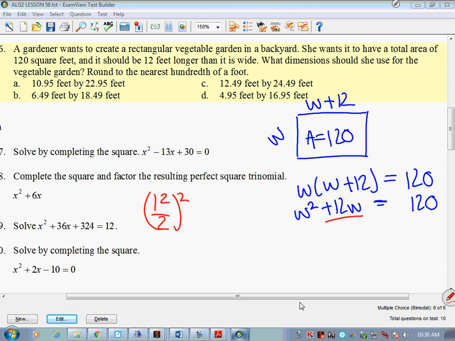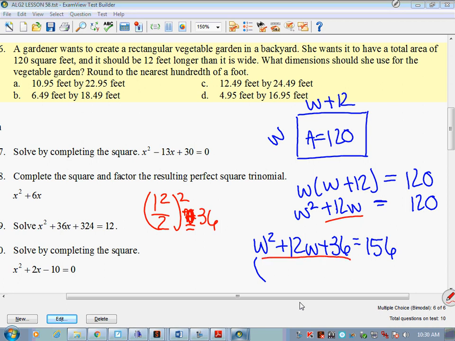What's 12 divided by 2? 6. What's 6 squared? 36. So we're going to take W squared plus 12W plus 36 equals 120 plus 36, which is 156, right?